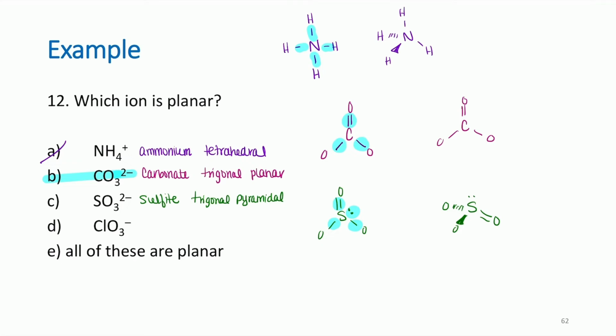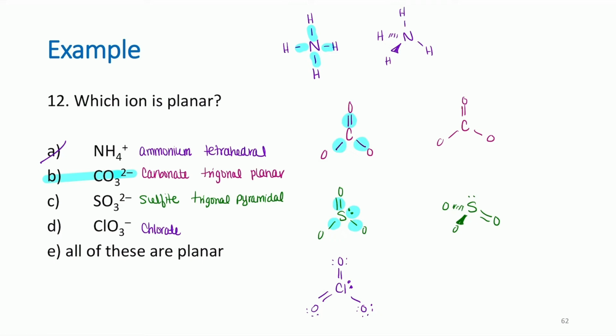Lastly, ClO3 minus, chlorate. 3 oxygens is 18 valence electrons, plus a chlorine is 7. So 18 plus 7 is 25, plus a negative charge brings me to 26 valence electrons. 2, 4, 6, 8, 10, 14, 16, 18, 20, 22, 24, and 26.